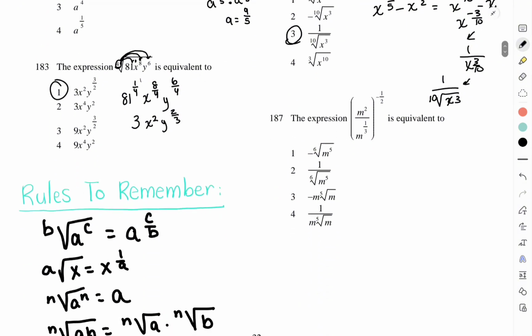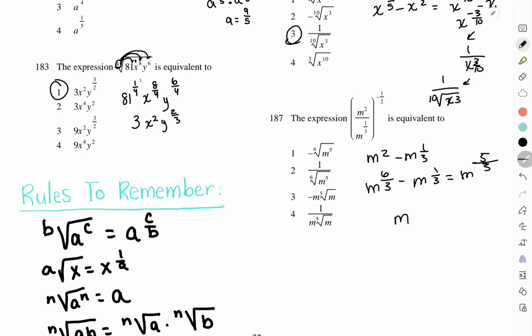187, the expression m squared divided by m to the 1/3, times negative 1/2, is equivalent to. So again, when we divide, we subtract our exponents. So m to the 2 minus 1/3, so we get 6/3 minus 1/3, which gives m to the 5/3. And then we multiply this by negative 1/2.